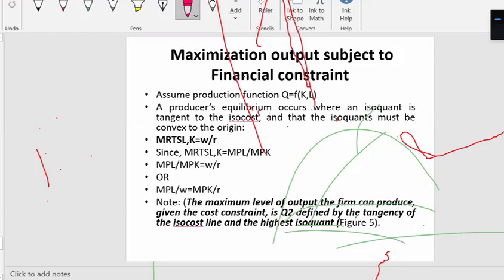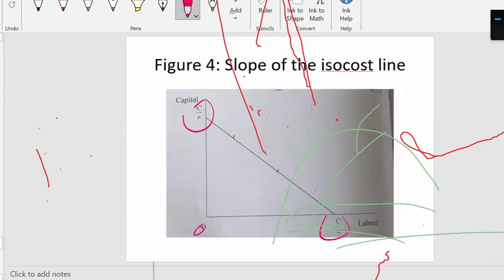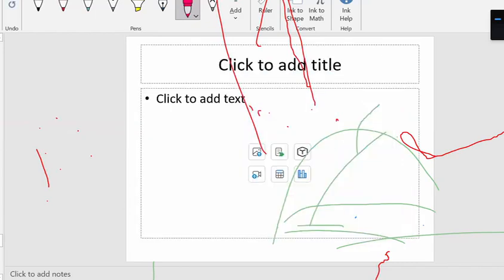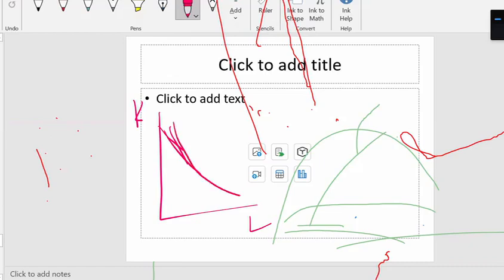So a producer equilibrium occurs where an ISO quantity is tangent to the ISO cost. What I'm trying to say is, here we have labor, this is capital, and this, let's say, is Q, the ISO quantity.